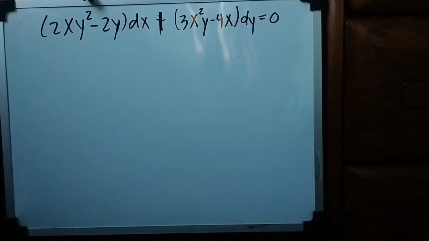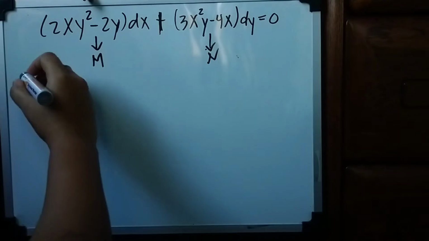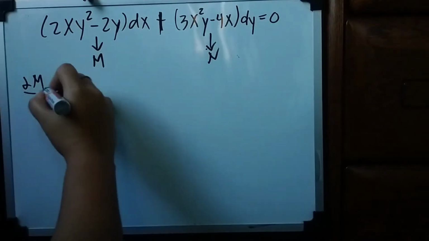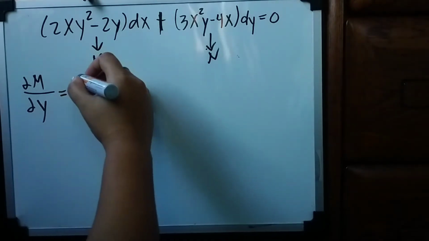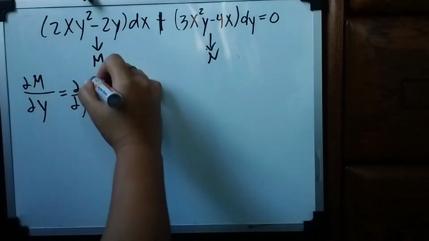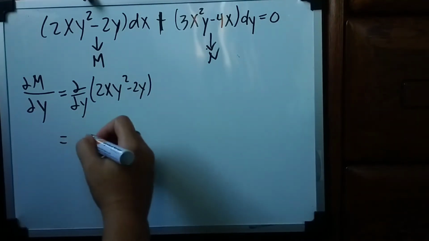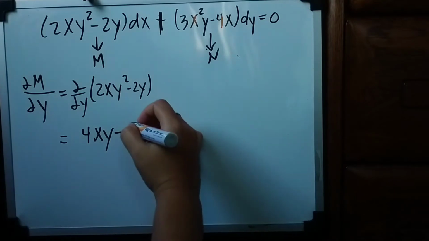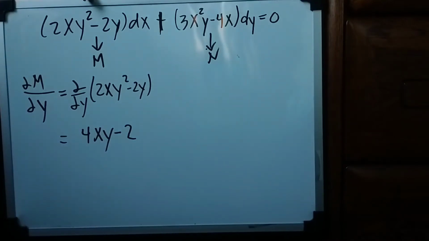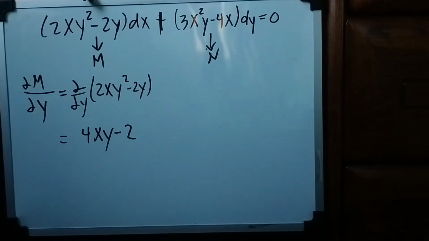So here we choose M and N, and then we differentiate M and N. Remember that this is only partial differentiation, so it is different from the ordinary differentiation.